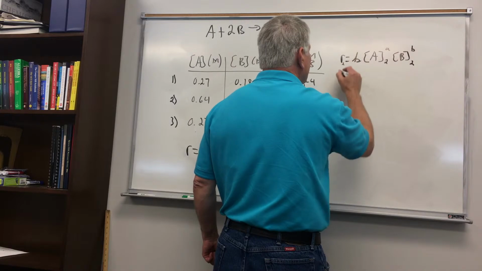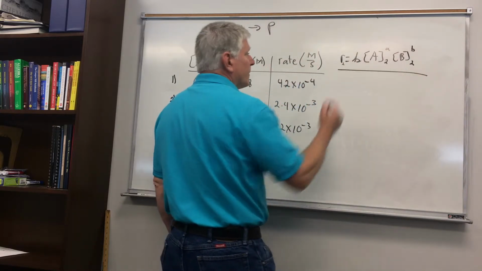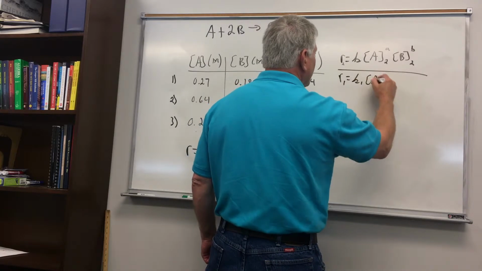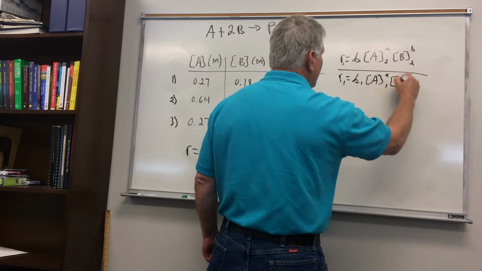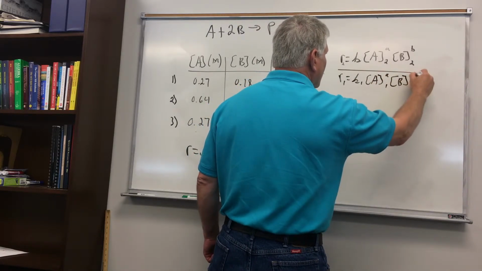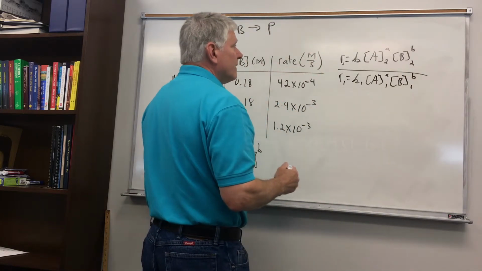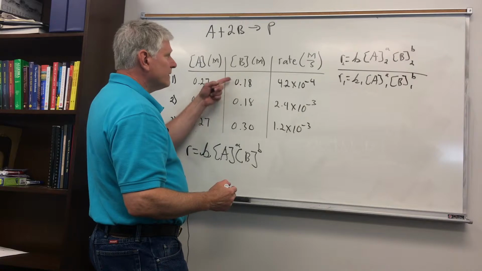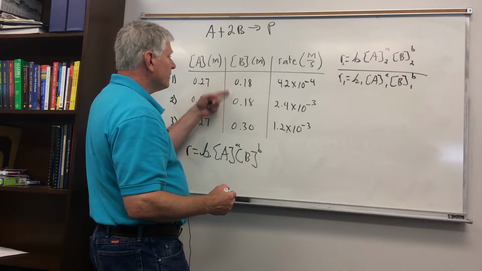So this is the rate for experiment 2 divided by the rate for experiment 1. And you'll notice that the concentration of B doesn't change between experiment 2 and 1.